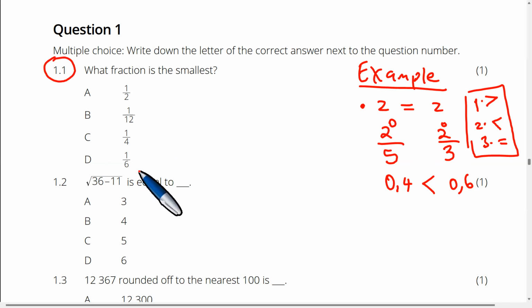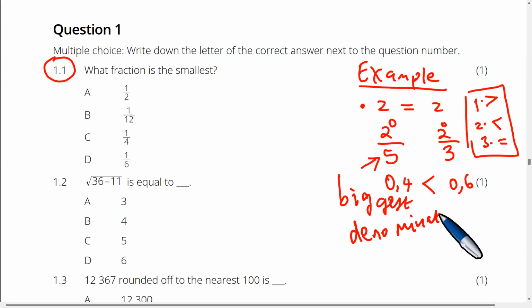Which one is the smallest one? In other words, the numerators are all the same. They are the number 1, but the denominators are different. So the smallest one is the one that is divided by the biggest or the largest denominator.